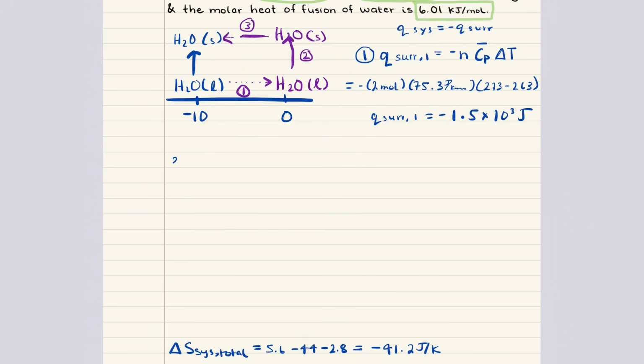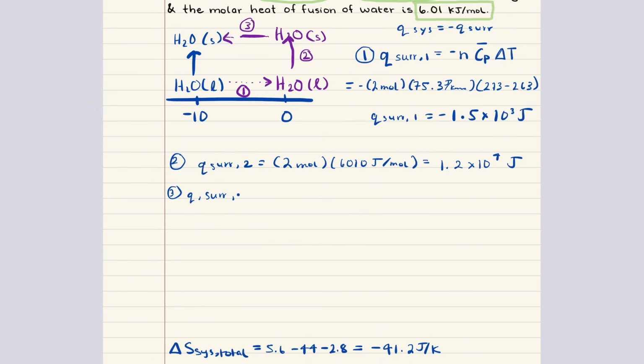Then during step 2, the system freezes at 0 degrees and it releases latent heat to the surroundings. So Q surroundings for path 2 is equal to positive N times delta H fusion. So this is equal to 2 times 6,010, which is approximately 1.2 times 10 to the 4 joules.